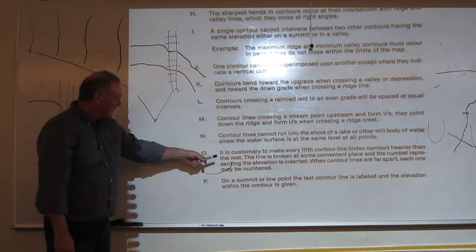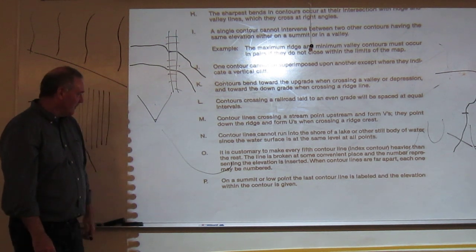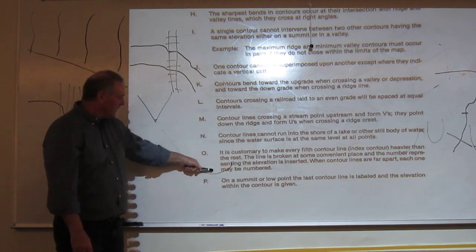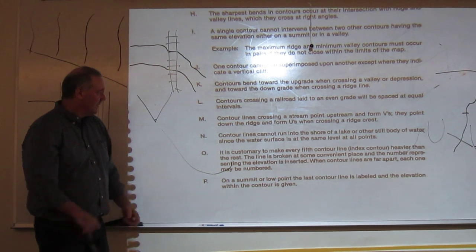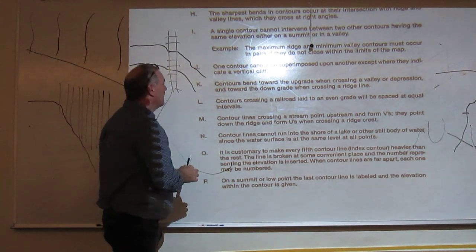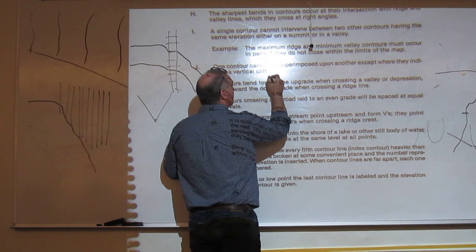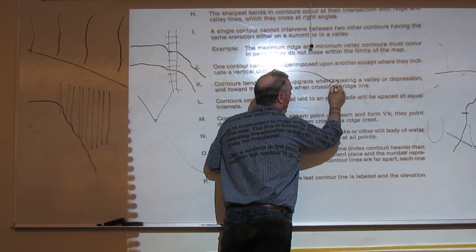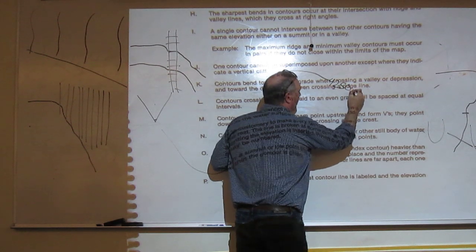Now, I've already talked about this one. Every fifth contour line is heavier than the rest. The line is broken at some convenient place and the number representing the elevation is inserted. Let me just draw: if I'm doing a major contour line, it'll be very thick and somewhere on here I'll have the elevation mark.